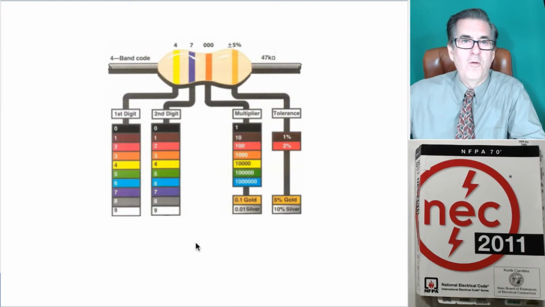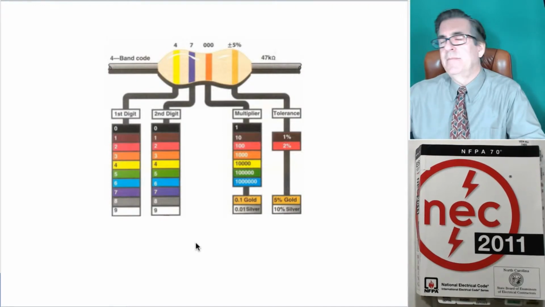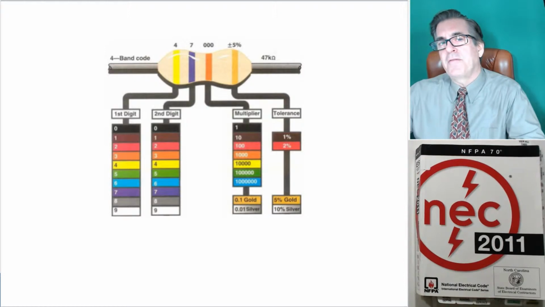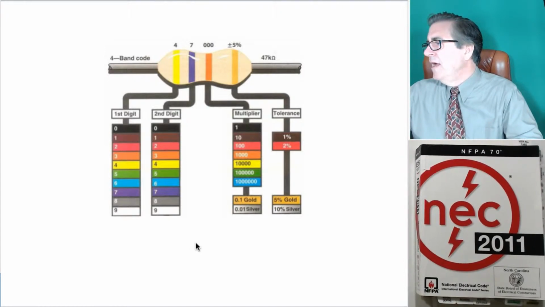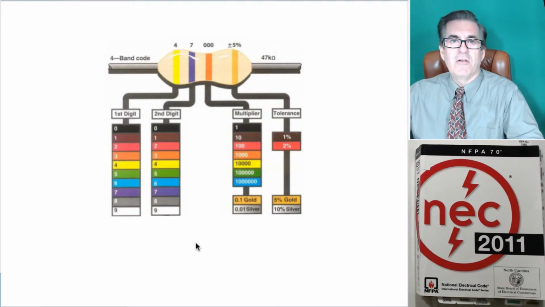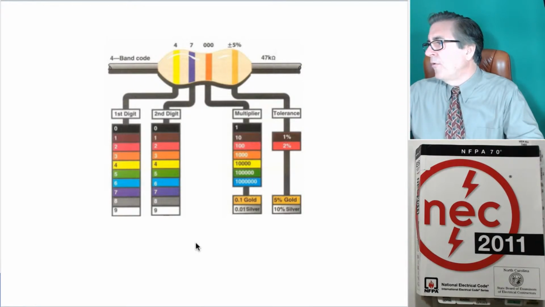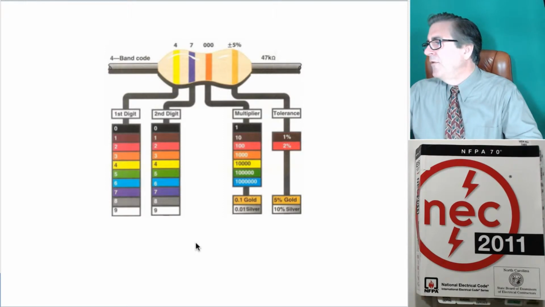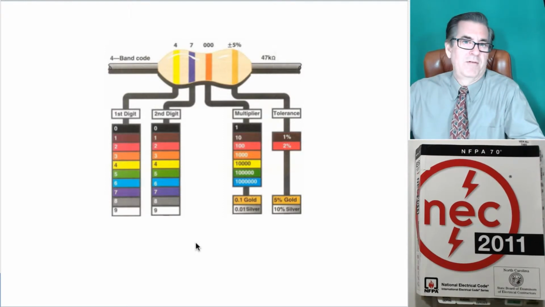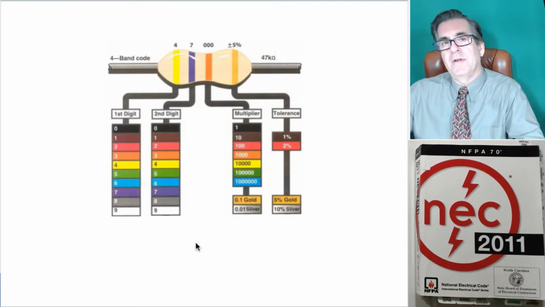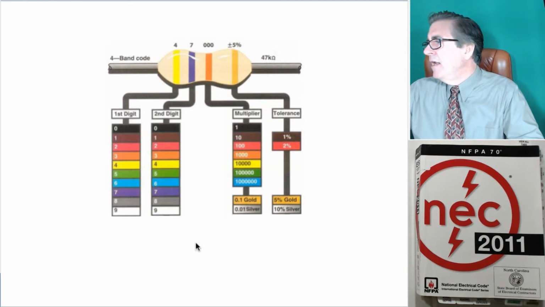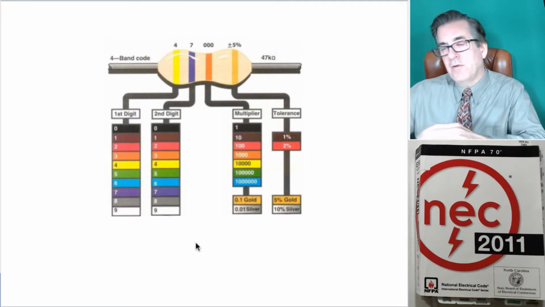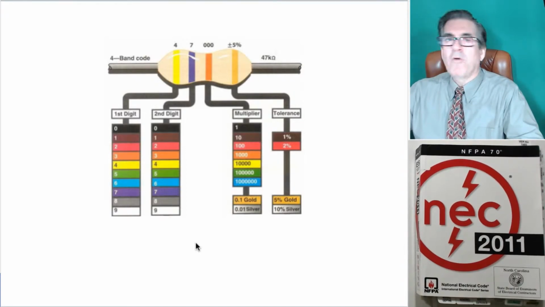It could be 4 ohms, 400 ohms, or 40-something ohms. It just tells me the first number of the resistor's value. The second color band, which in this case is purple, shows the second number of the resistor's value. Purple is 7, so that's 4, 7. And then the third color band, right next to the tolerance band, is the multiplier.